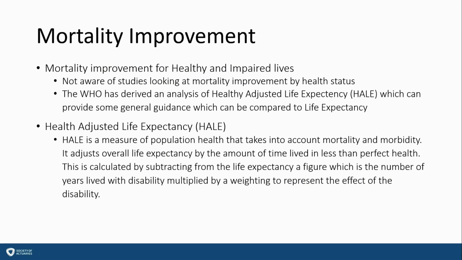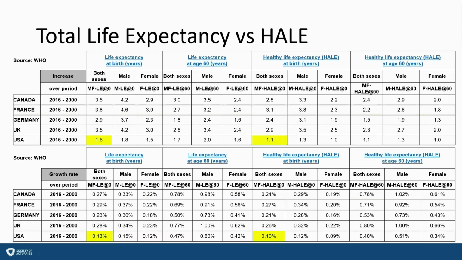For anything that's chronic, they will reduce the life expectancy because of that. So as a result of that, you end up with two factors, the normal life expectancy as well as the health-adjusted life expectancy. And here what I'm showing is at birth and at age 60. At the top, I just took for a few countries the difference in life expectancy over a 16-year period. At the bottom, I converted it to an annual rate.